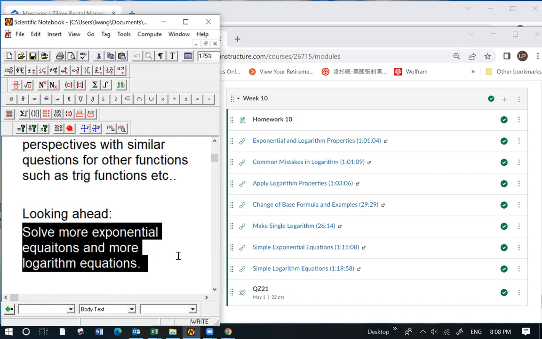With the function concept, I think they will be crystal clear to you. And all of these properties will be used when we solve the more, quote unquote, complicated exponential and logarithm equations. So it's important that we have a good foundation before we get to the more complicated issues.